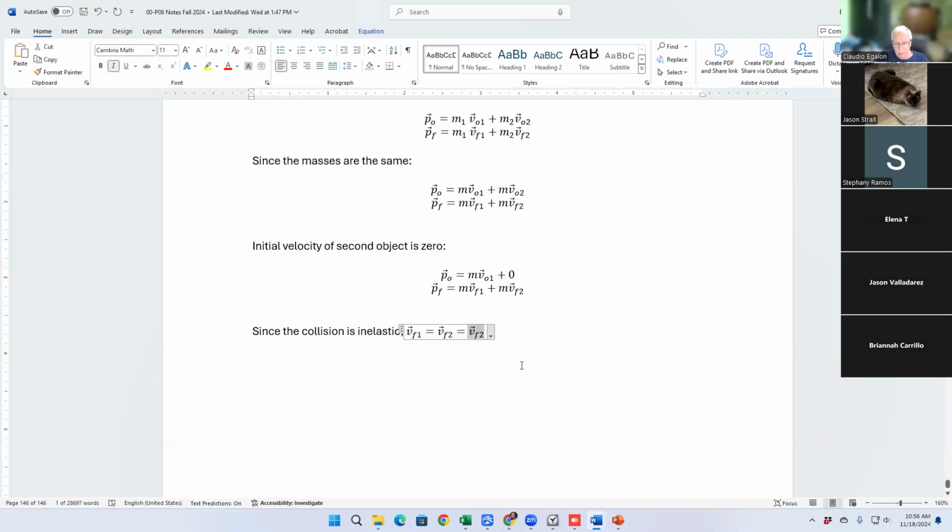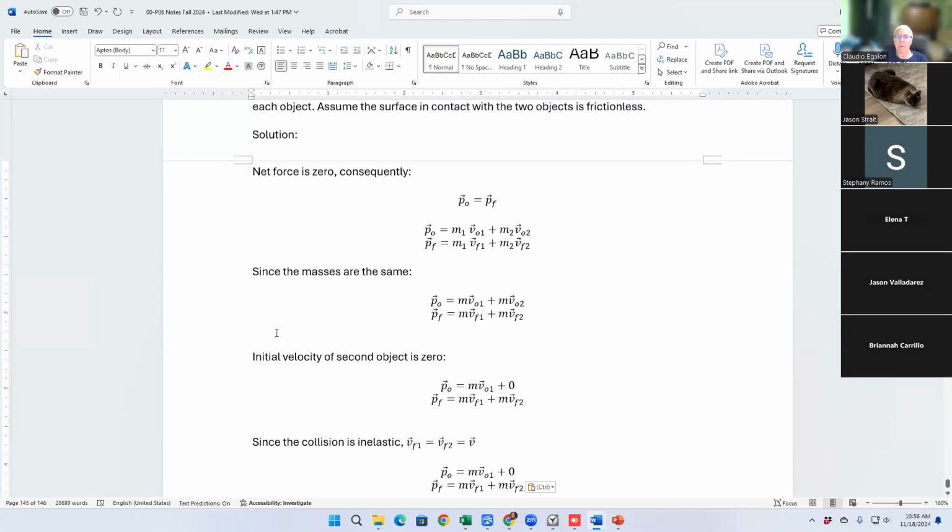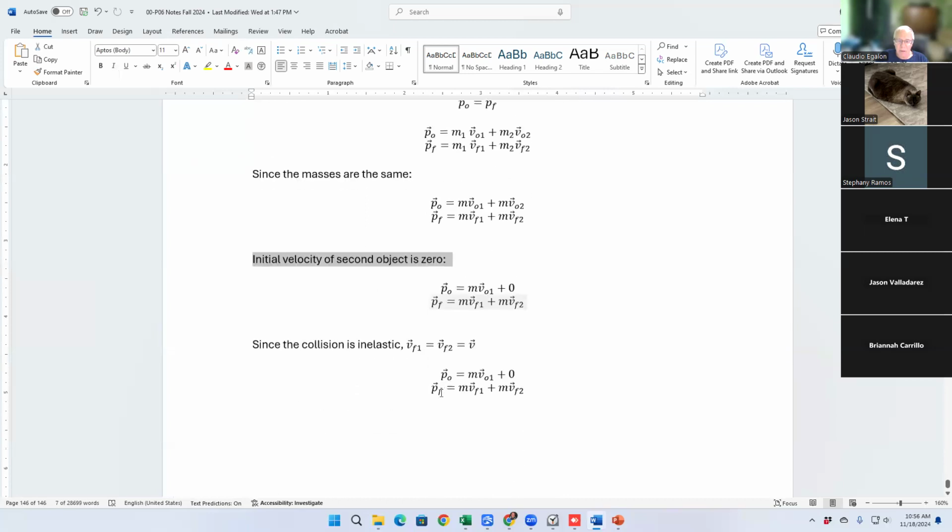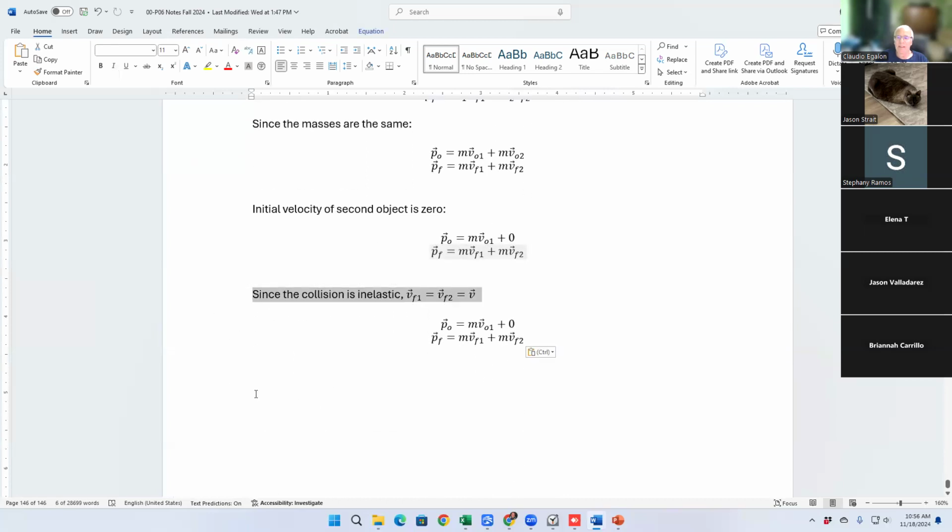Now we can apply these three conditions given by the problem: masses are the same, second object is at rest, and the collision is inelastic.